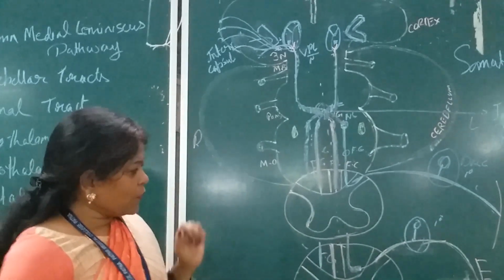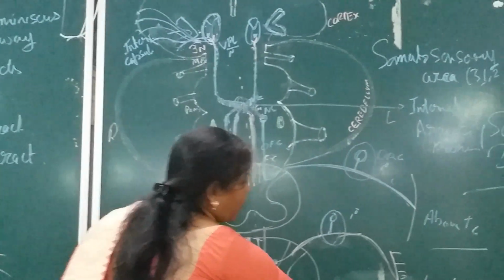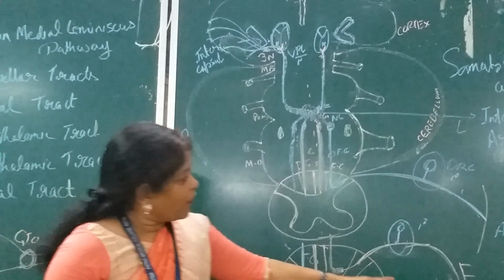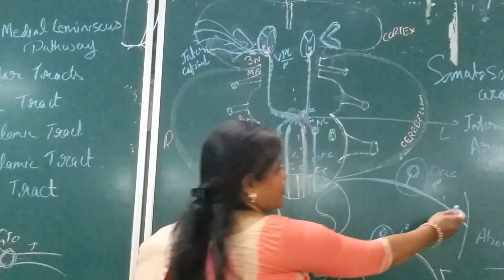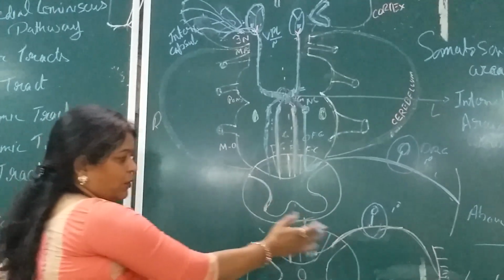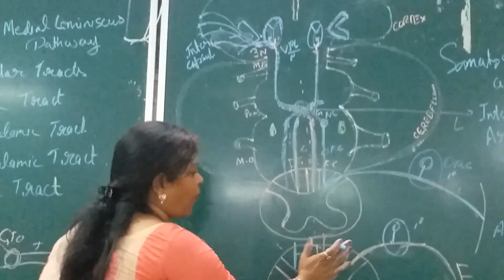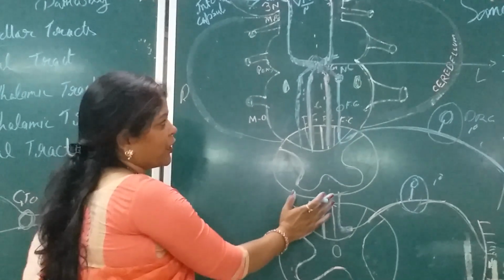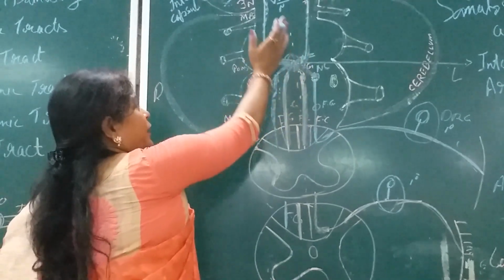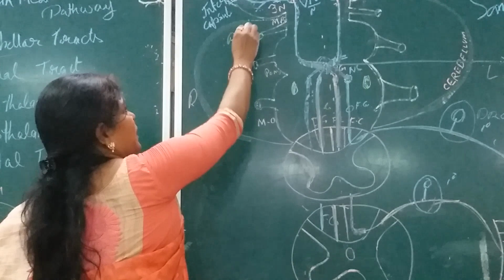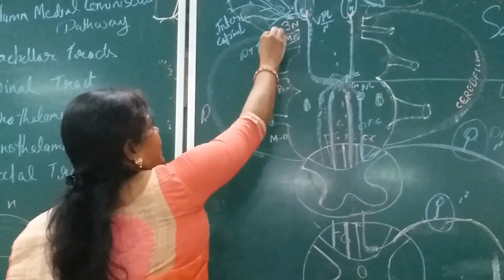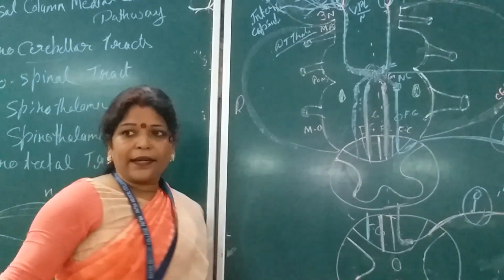Now you see, we were taking all the sensory information from the left half of the body. I have told you this is the left and this is the right. So from the left side, all the modalities of sensation, where are they reaching now? It is reaching the right thalamus. Okay, it is reaching the right thalamus.